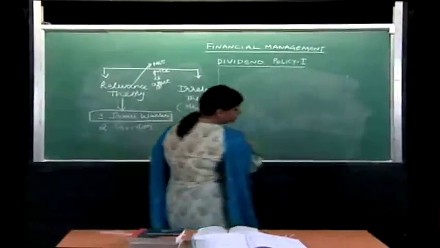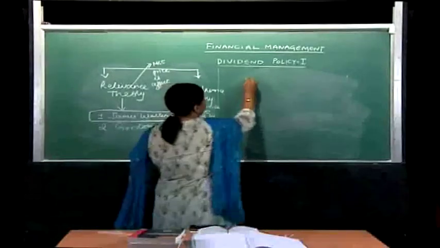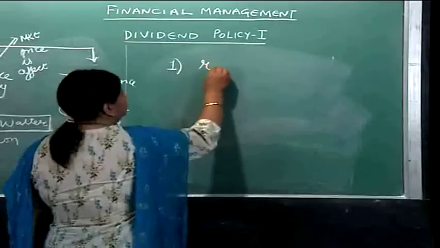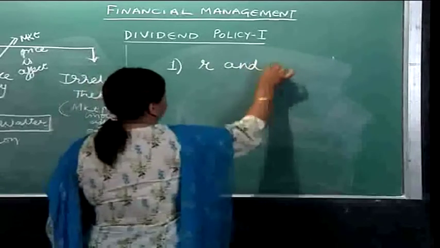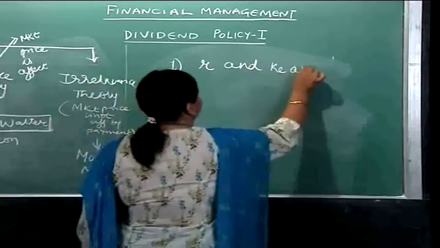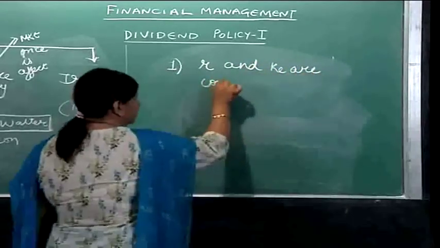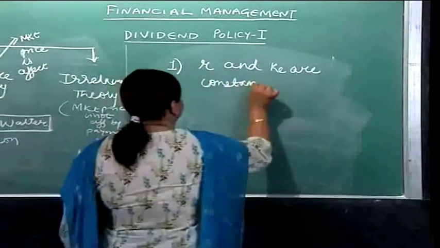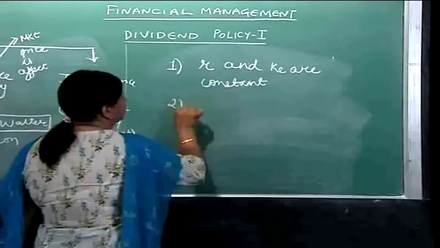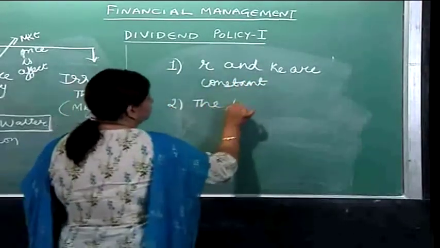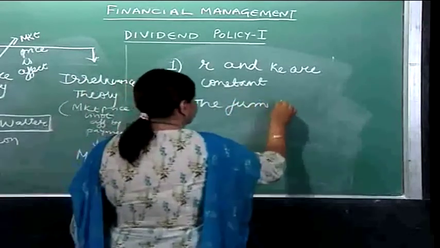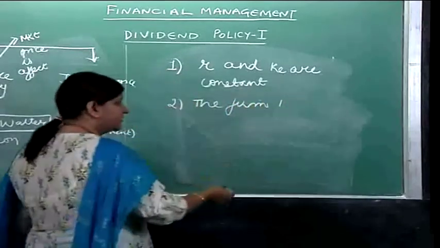that R, the rate of return, and KE, the cost of capital, are constant. They are not going to be changed. Then the firm has a perpetual life. Perpetual means it cannot come to an end in the very near future.